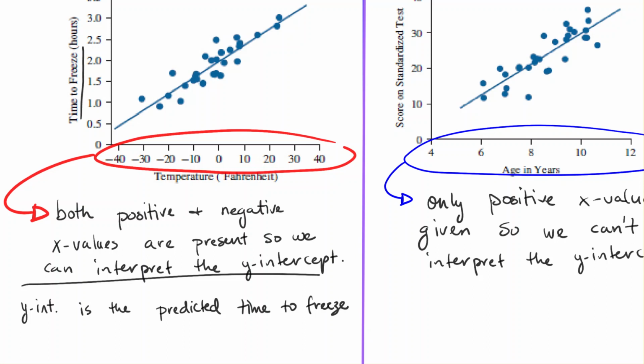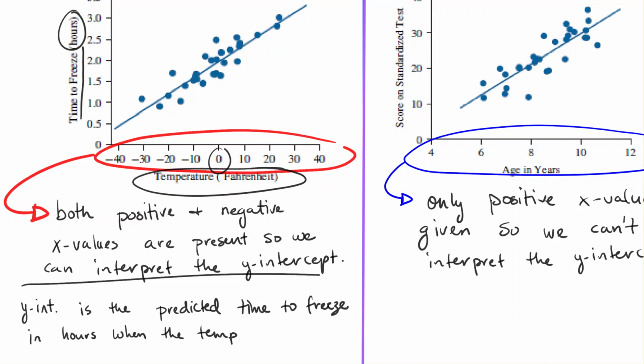Time to freeze, and the units are in hours, so I'll say in hours. This y value occurs when x is 0. So I need to say, what does x represent? Well, x is the temperature in Fahrenheit, and we're interested when x is 0. So when the temperature is 0 degrees Fahrenheit. And that will be my interpretation of the y-intercept in this example.